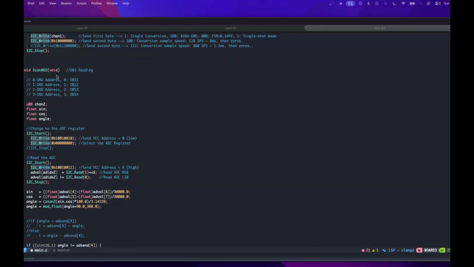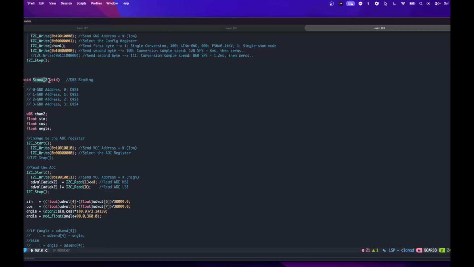Before going to the actual demonstration, let's see a bit of the code. I don't post the routine this time because it's quite simple. It actually uses the ADS1115 to read the 4 OBS signals that you see here. And this is something that is used to communicate, to send data and receive data from the analog to digital converter.